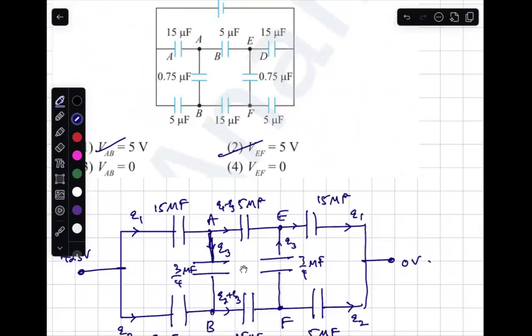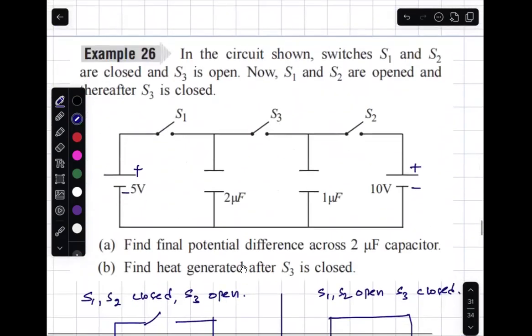Right. Actually, you can even go with the nodal method. No issues. Even then, you will get three equations because you will have three unknowns in this question. Okay? Next question.